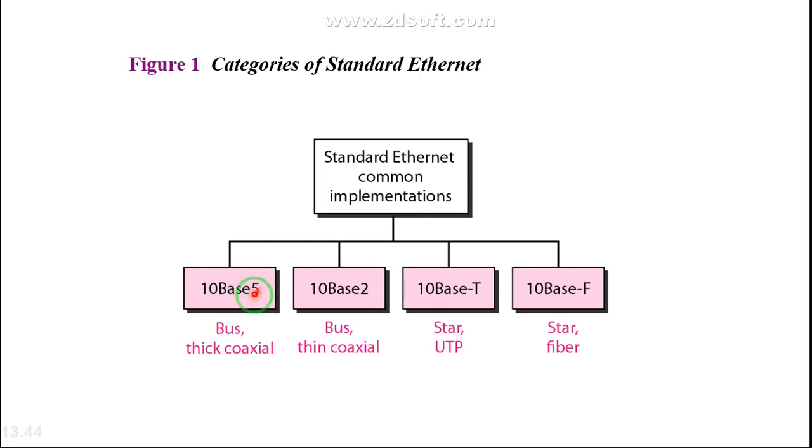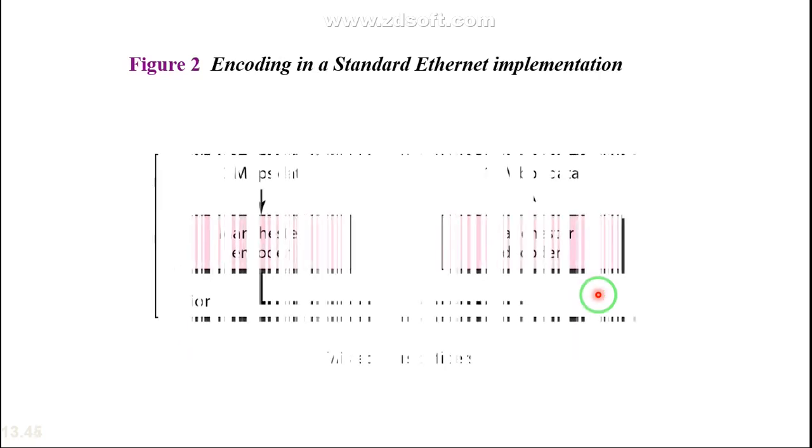The digit over here, 5 or 2, tells you the maximum size of the cable in 100 meters. Suppose 5 is there, it stands for 500 meters. 2 stands for 185 meters. T is nothing but unshielded twisted pair cable. And F stands for fiber optic cable.